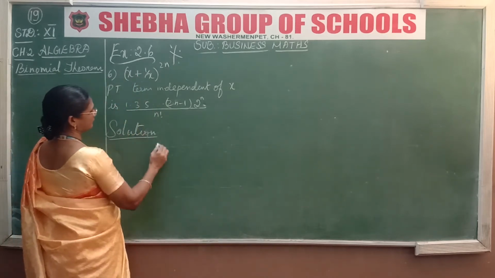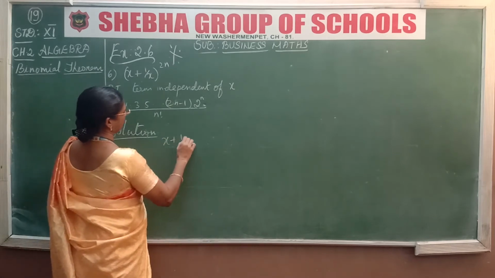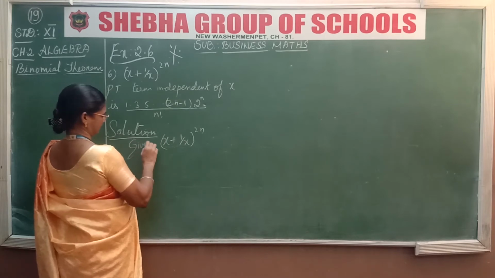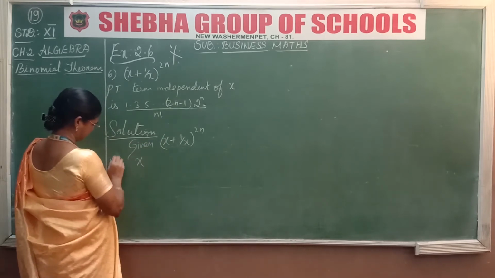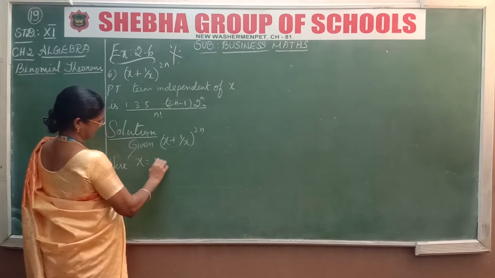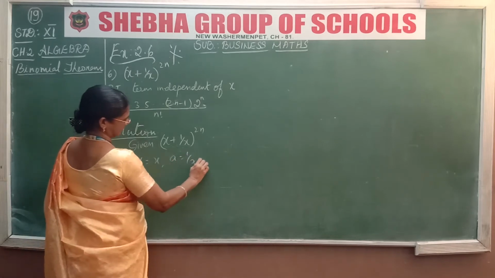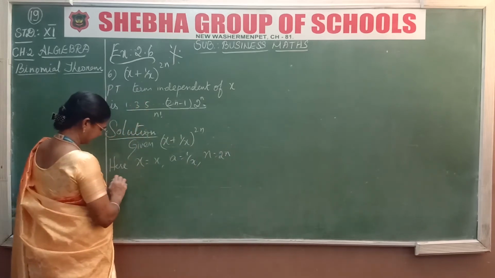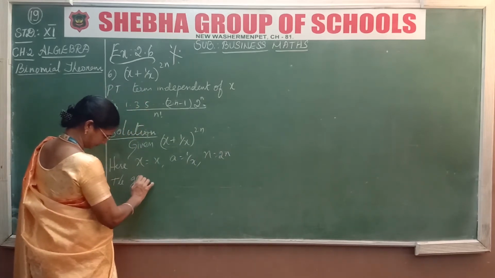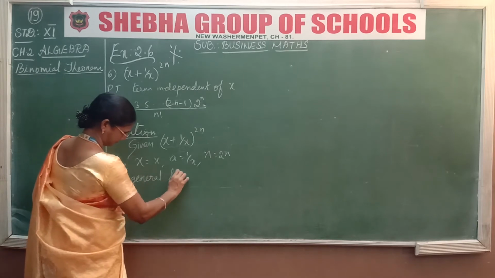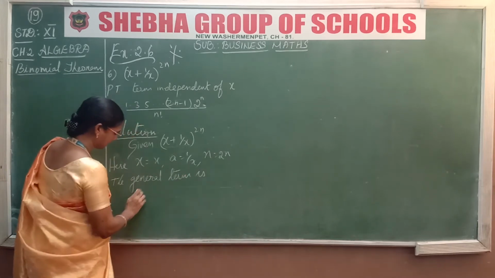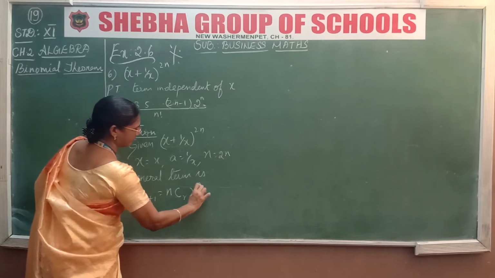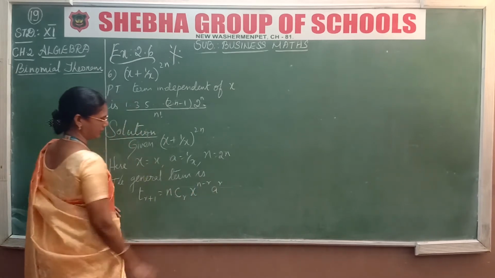Then consider the given expansion, that is x plus 1 by x whole power 2n. Okay. Write the assumption. Assumption is x is x, a is 1 by x and n is 2n. Next write the general term. General term is T r plus 1 equal to nCr x power n minus r into a power r.